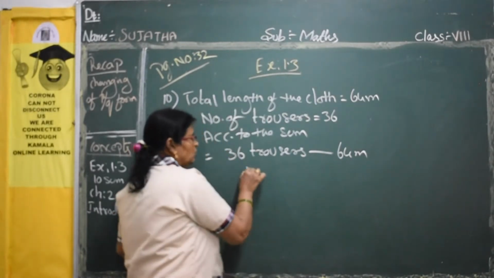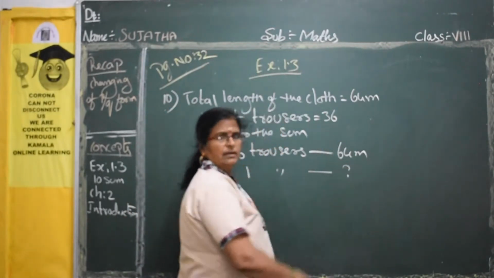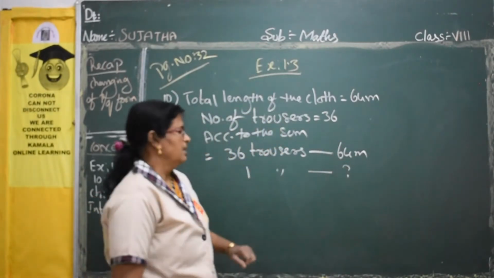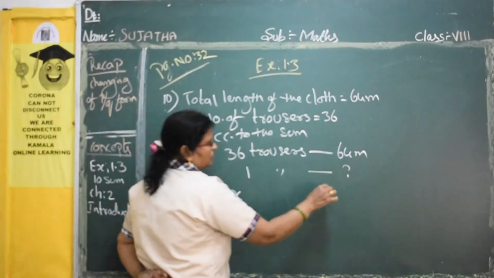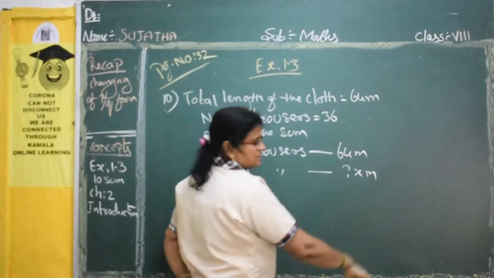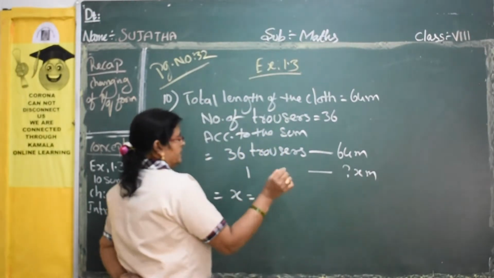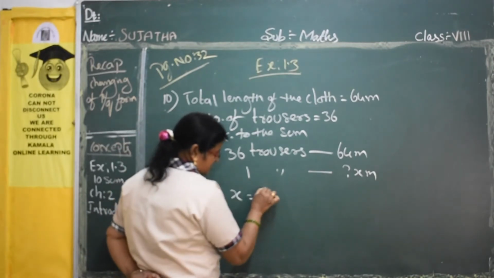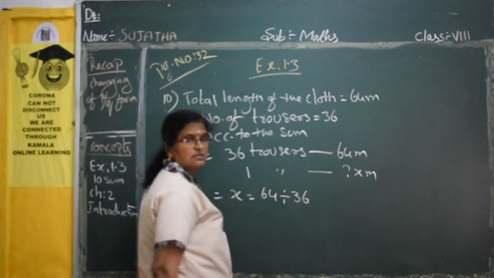Now for one trouser, how much cloth will be required? That we don't know, no? So take x meters. That will be x is equal to 64 divided by 36.